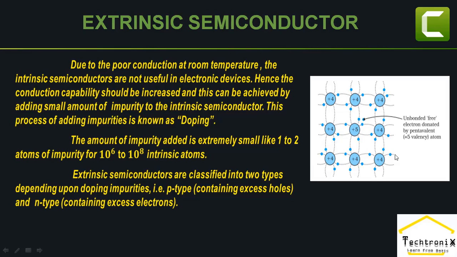Here you can see the atom is doped with a pentavalent atom, which is known as doping. This is why the semiconductor is known as extrinsic semiconductor. As we have discussed earlier, extrinsic semiconductors are of two types. First one is P-type, which contains excess holes, and second one is N-type, which contains excess electrons.